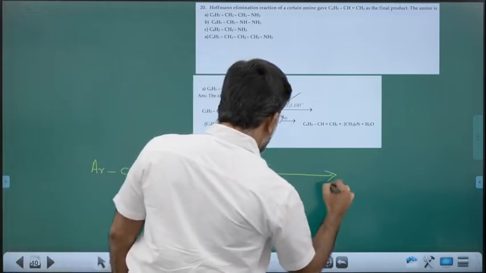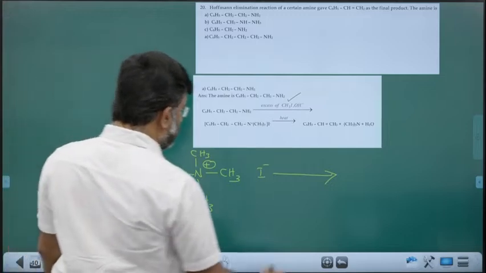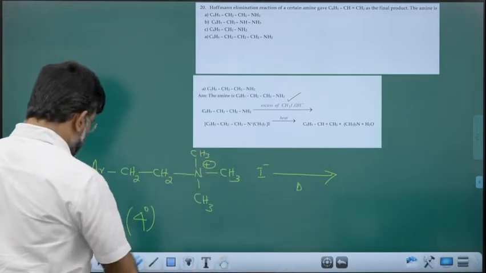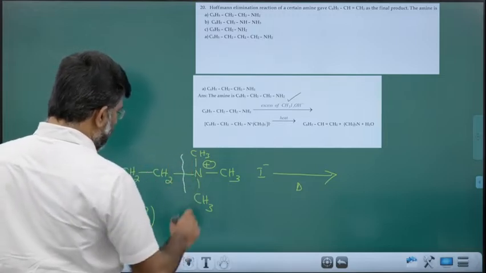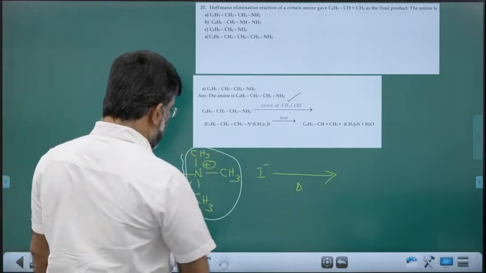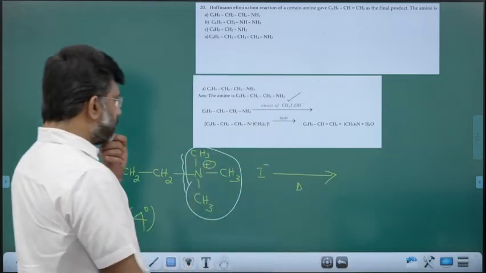This is a quaternary ammonium salt. Upon heating, what will happen? It is going to break here, and this part of the molecule will be converted to a tertiary amine.